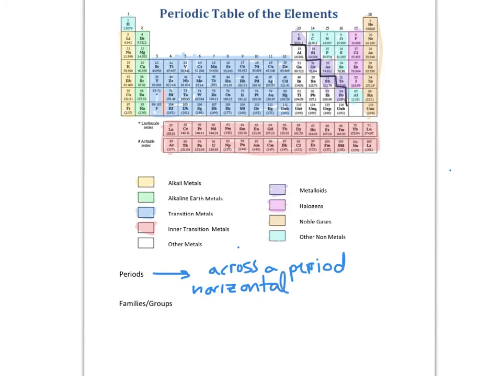And then going down a group or down a family, those are the vertical ones.